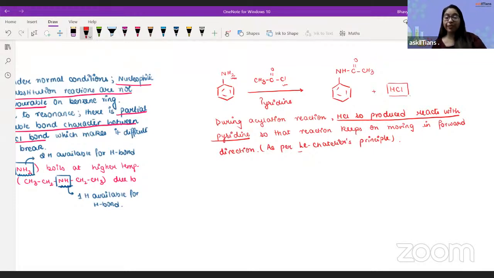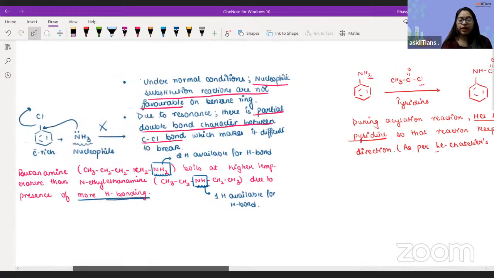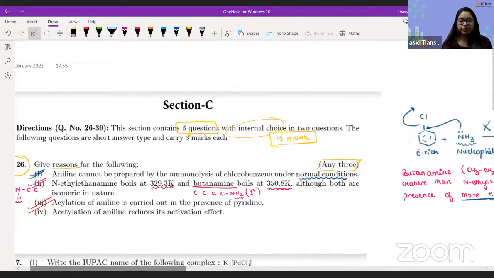You should always mark those keywords which are part of NCERT. But make sure that whenever there is a reaction-based question, writing the reaction is really, very important. So that is the answer for the third part, and now we'll move to the fourth part.